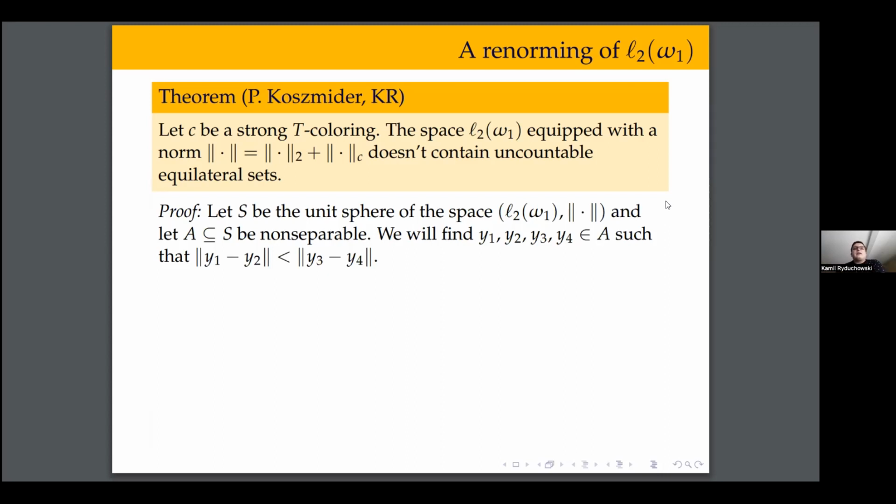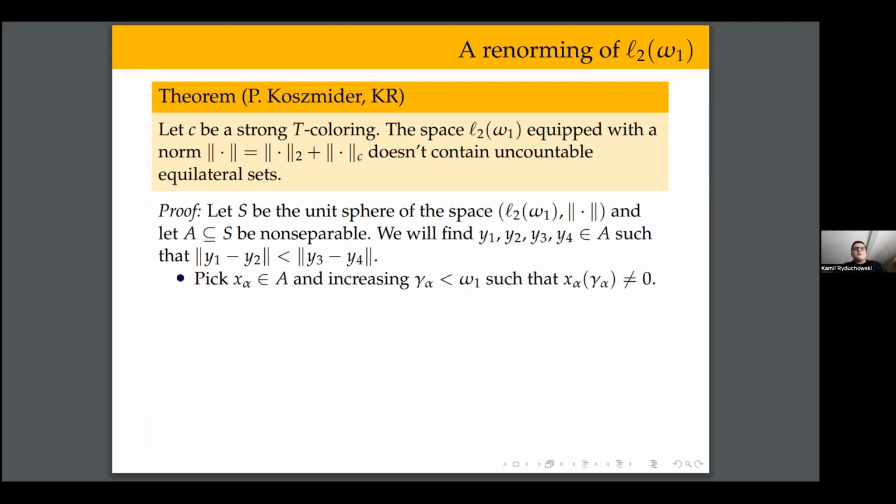So take any non-separable subset of the sphere, and we will find four vectors which show that this set is not equilateral. And the proof is very similar to the proof of this observation due to Elton and Odell about c0(ω1).